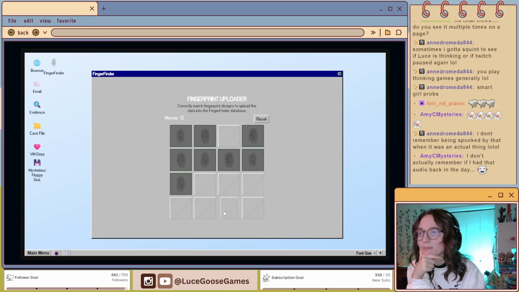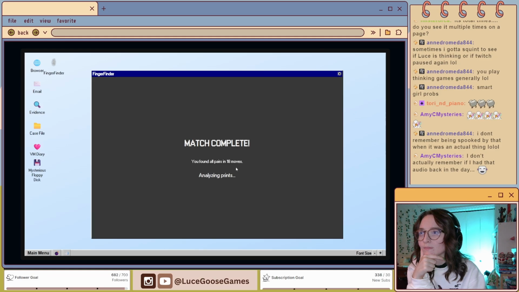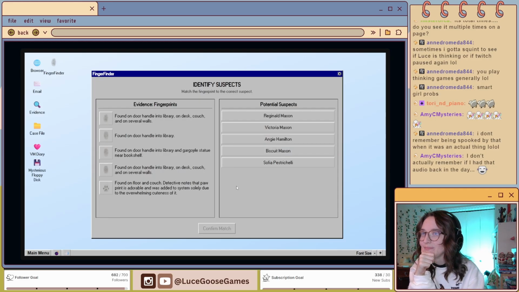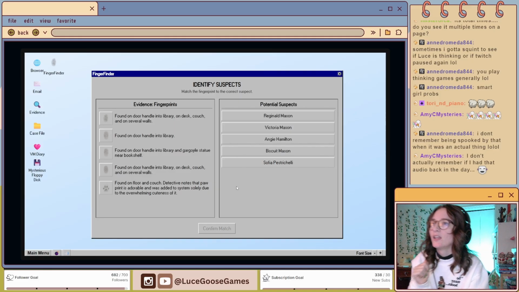Oh, that's Biscuit's. Okay. Match the fingerprint to the correct suspect.